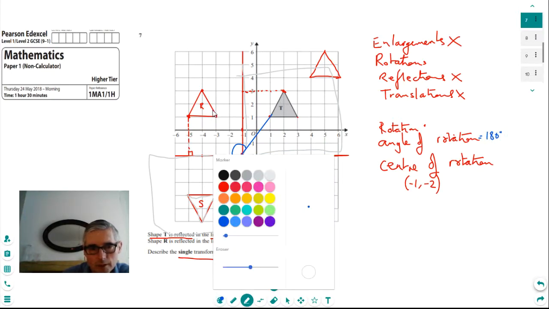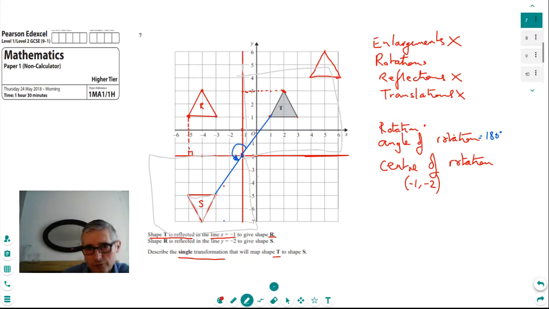Now, usually we'd be asked to find the direction of rotation, and that is either anti-clockwise or clockwise.